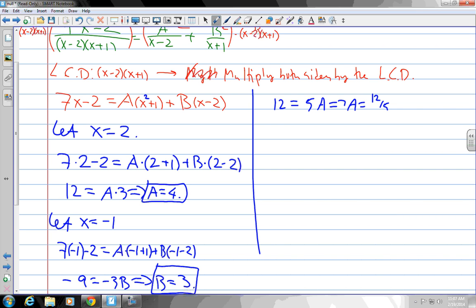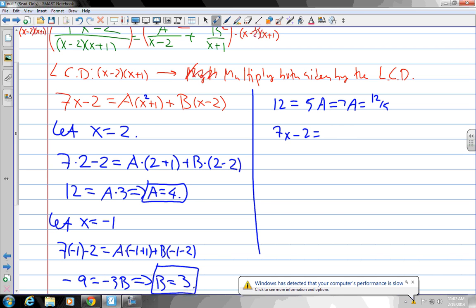Well, because it's 2 squared plus 1, right? I'm just saying, the reason I put the square is that there's nothing I can put for x to kill this parenthesis. But if A is 12/5, because we already found that, this is what I have.